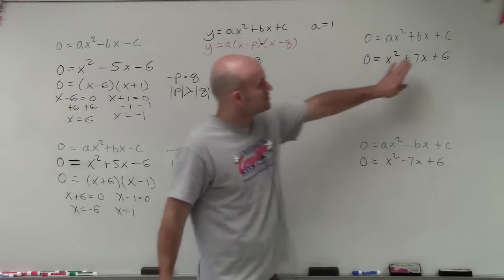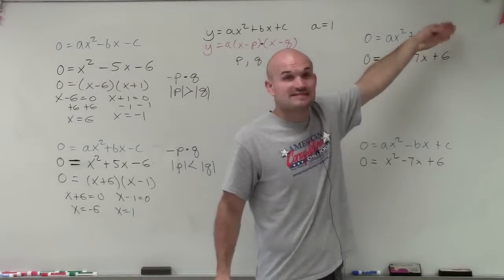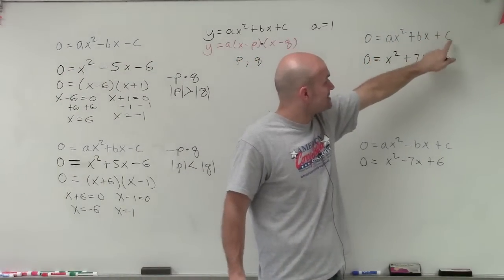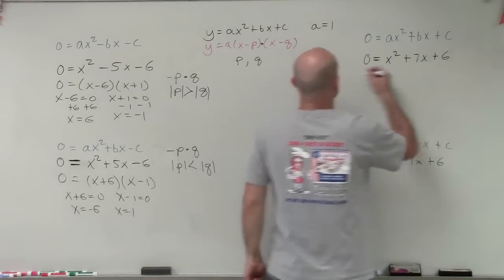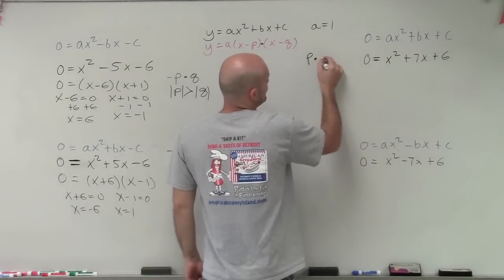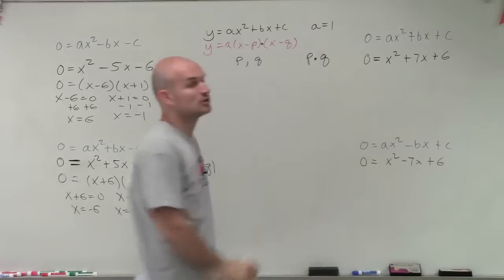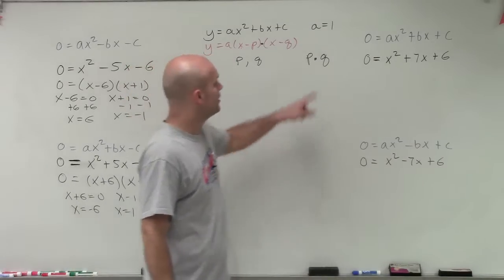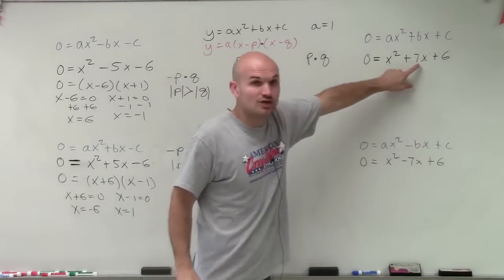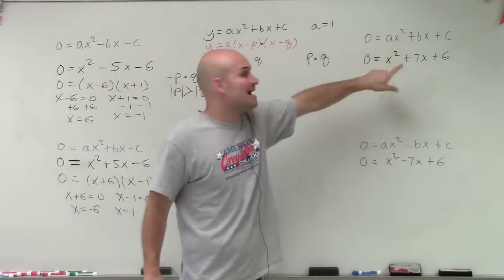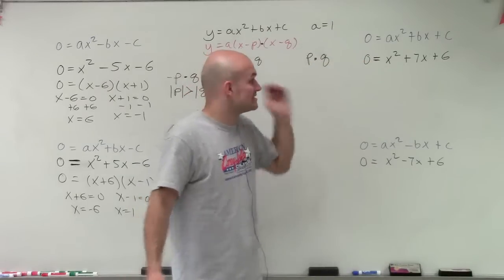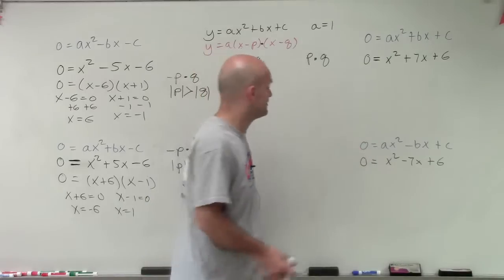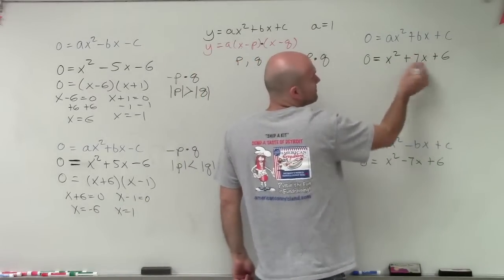Okay, so now let's look over here. If c is positive, my two values, p times q, are both going to be positive when my middle term is positive. It doesn't matter which one is positive, which one's negative. So I'm just going to add them up.